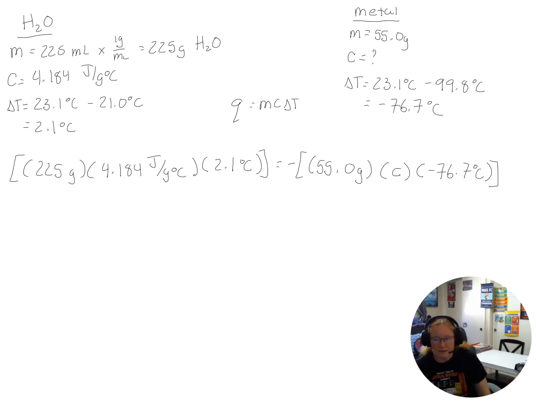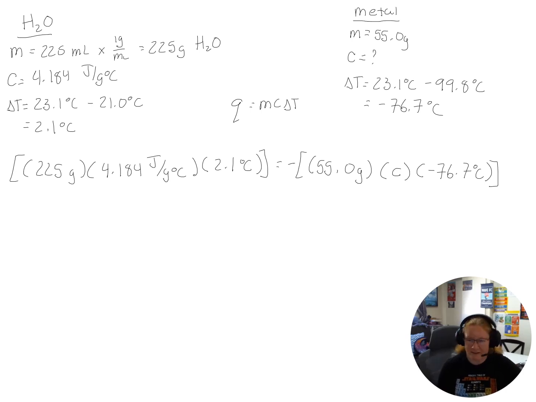Okay, so that negative sign is very important because if the specific heat capacity is the amount of energy required to raise 1 gram of a substance by 1 degree, can I get a negative heat capacity? No. And what happens to the metal? Well, it's losing energy. It's losing heat. And so its delta T is negative. Well, I've got a negative over here and then a negative temperature. Does the negative cancel out the negative? It does. And so we end up with this positive heat capacity.